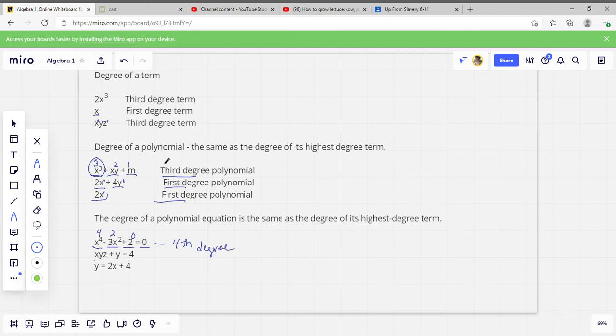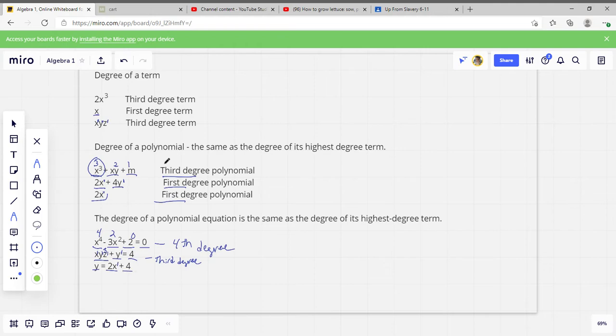This one has, here's a term, there's a term, and there's a term. This is 1 plus 1 plus 1, so this one would be a 3. This one's a 1, so this one's a third degree. And this last one, there's a term, and there's a term.